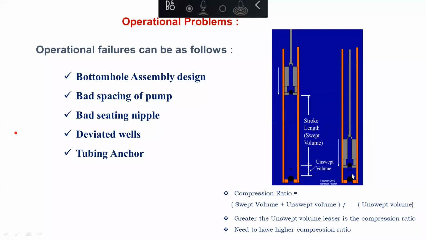During that, you try to lower this space, maybe a maximum of 1 inch, but without hitting your standing valve with your traveling valve, so you are trying to increase your compression ratio. Other issues are a bad seating nipple, problems in deviated wells, and tubing anchored or unanchored tubing.